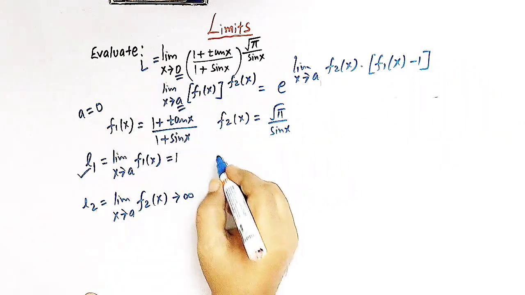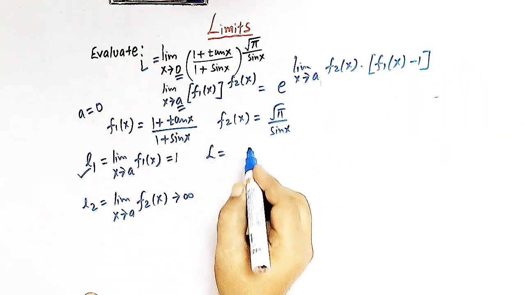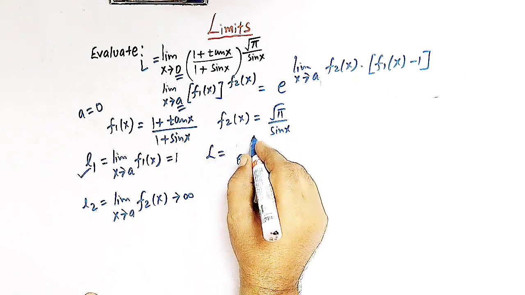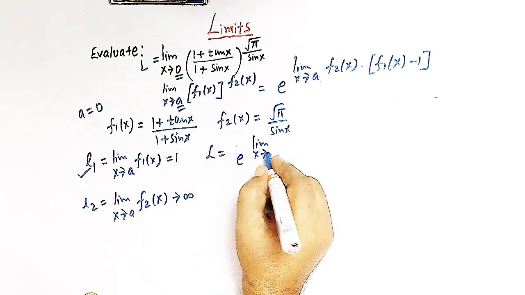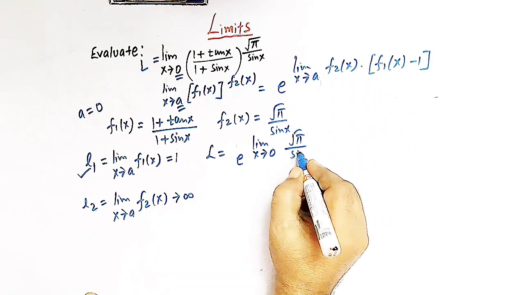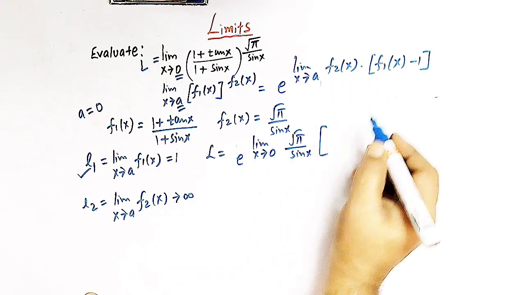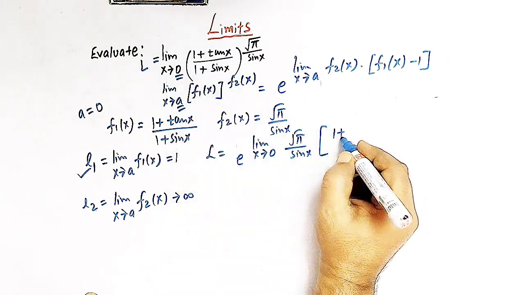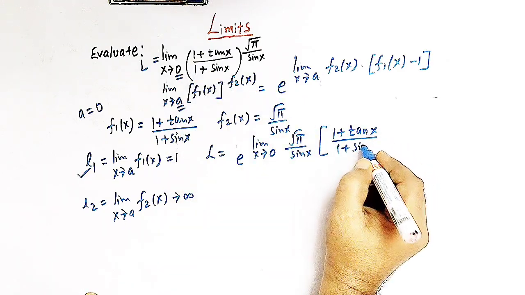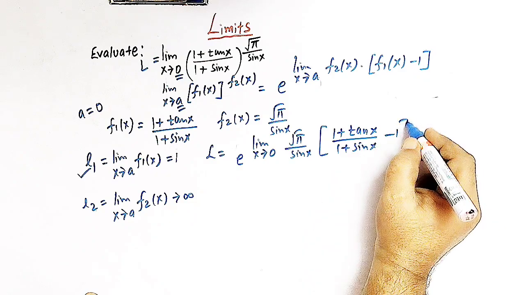So the value of this limit L can now be written as e raised to limit x tends to 0, and f2(x) is square root of pi over sin x, and here f1(x) is given by (1 plus tan x) divided by (1 plus sin x), and here we have minus 1.